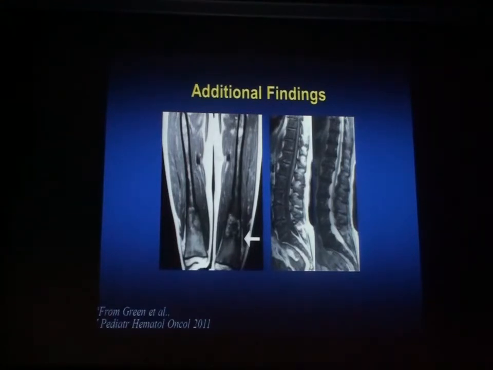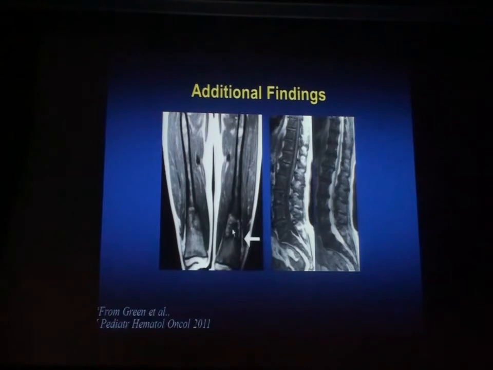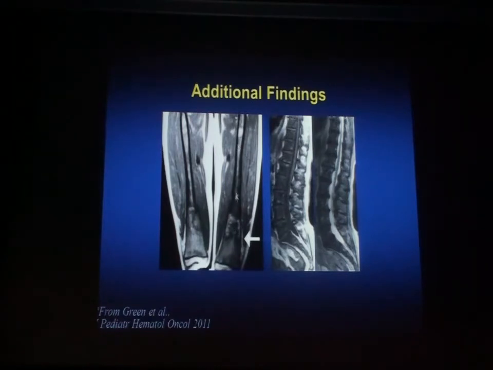And then the other thing we look for are any other additional findings that can help with the diagnosis. So here we have coronal T1-weighted images through the thigh, we see abnormal signal in the distal femur, but you probably also observed that we've got an Erlenmeyer flask deformity here. And in the spine here, we see diffuse low T2 signal. So in this case, we've got our Erlenmeyer flask deformity.